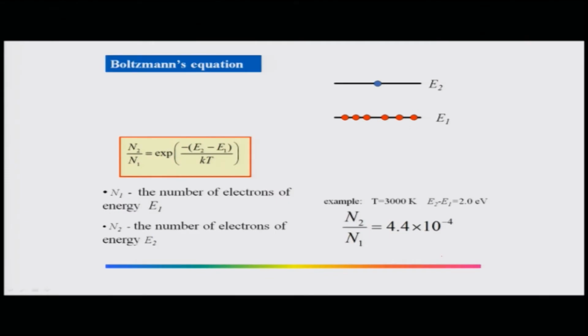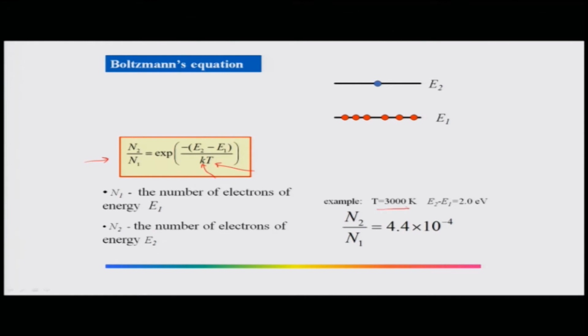We generally looked at it by using the idea of equilibration and the Boltzmann equation, where the occupancy of the states is given by the ratio of the two occupancies, N2 over N1, equal to the exponential of minus the energy difference over the Boltzmann constant times temperature. That is how a normal system behaves under Boltzmann conditions, in terms of the occupancy of the lower energy versus the higher energy.